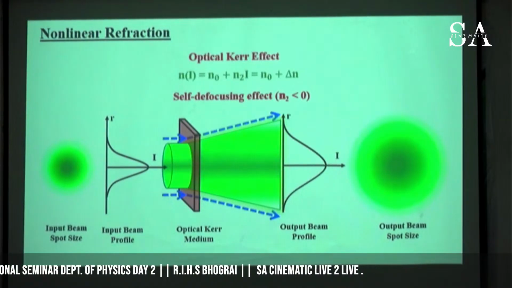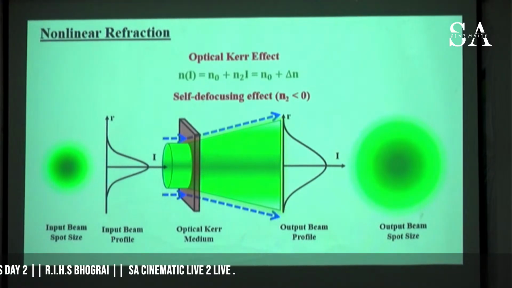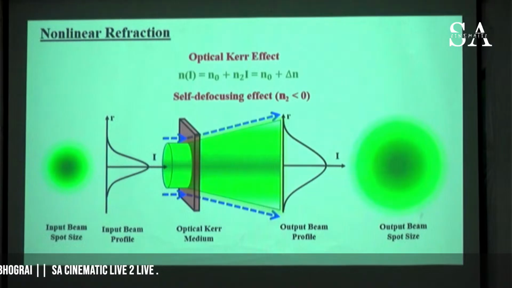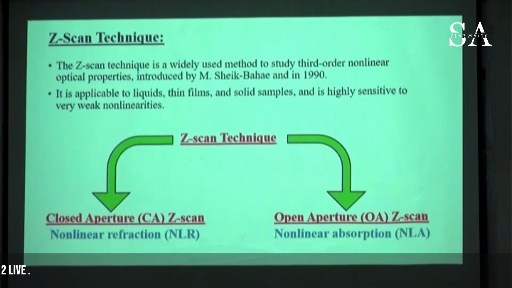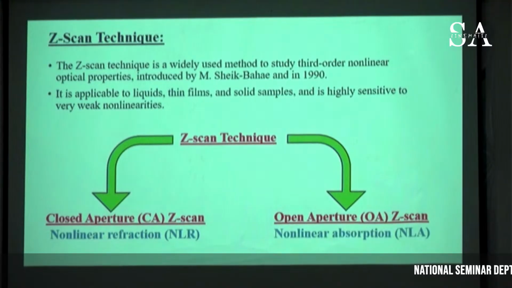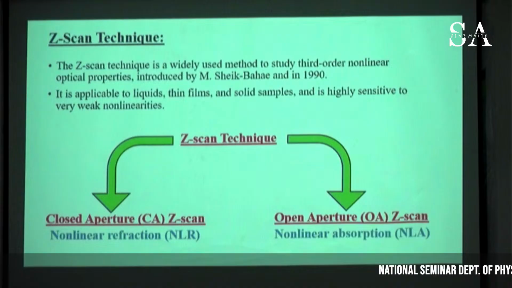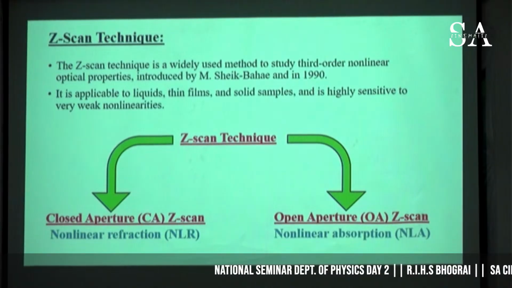This is the opposite of the self-focusing effect, where you have a negative refractive index and only divergence is observed. Now, to test the fluid based on its nonlinear optical property, we have used a special technique, the Z-scan technique, which is very sensitive and free of slippery.